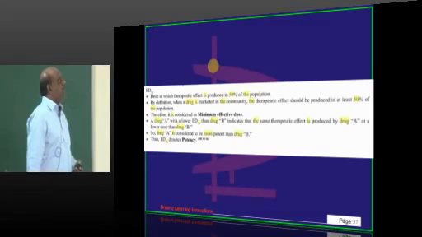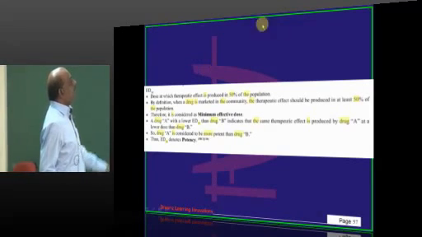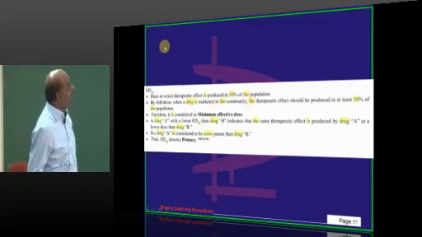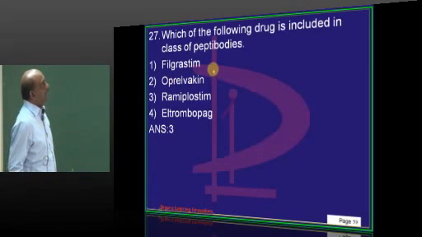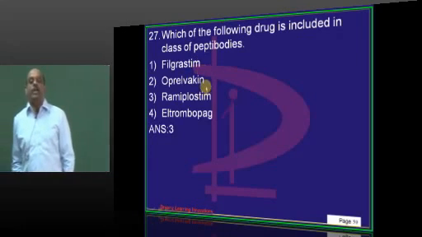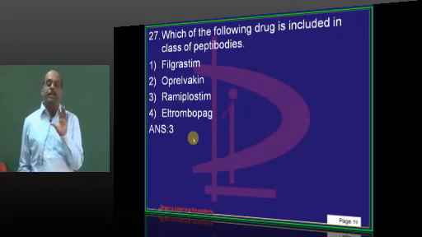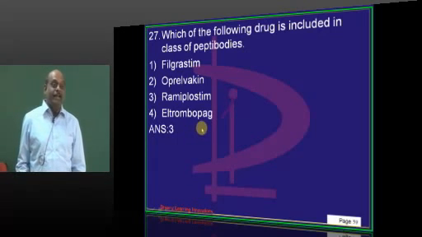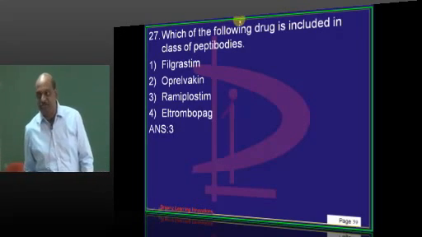Now, ED50 means what? The dose at which the therapeutic effect is produced in about 50% of population, you call it as ED50. Now, which one is called a peptibody? Any MD entrance you go, the deal is one question on monoclonal antibodies. Nowadays, there is a new way by which the monoclonal antibodies are produced.